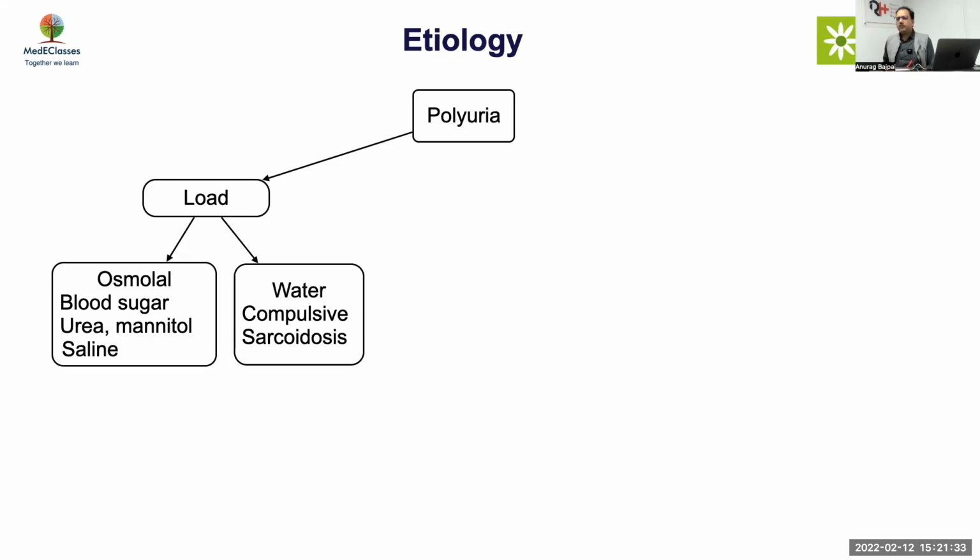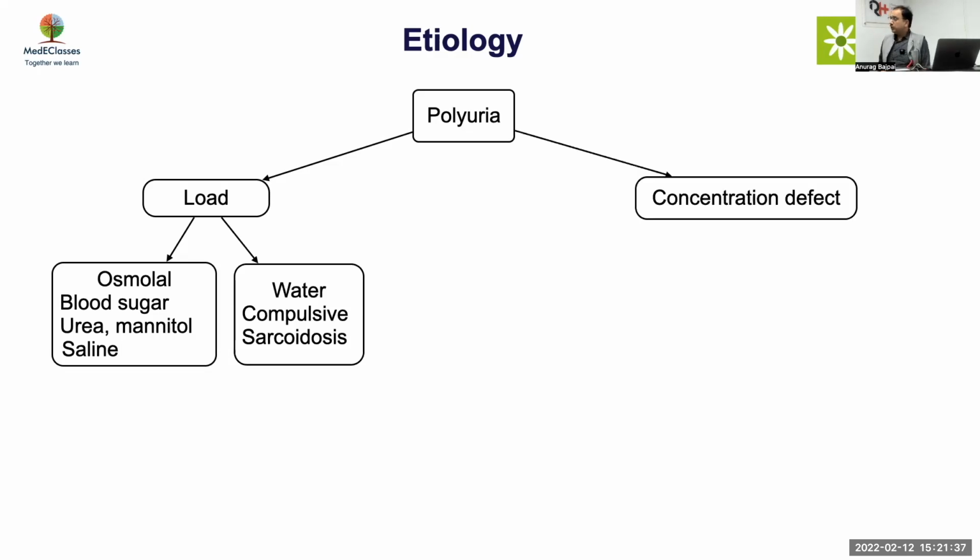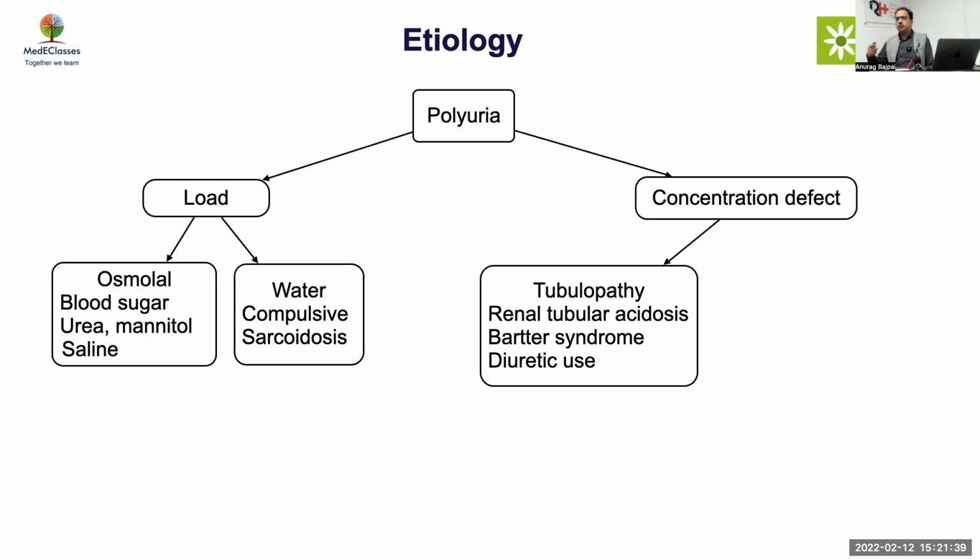Now, compulsive water drinking or sarcoidosis is one variant in which you can have that picture. Concentration defects we discussed could be tubulopathies, RTA, Bartter syndrome, diuretic use. What is the major cause of polyuria in distal RTA? Basically it is because of hypokalemia. So it's actually a concentration defect. It's not because of the tubular damage. They're not having that much loss.